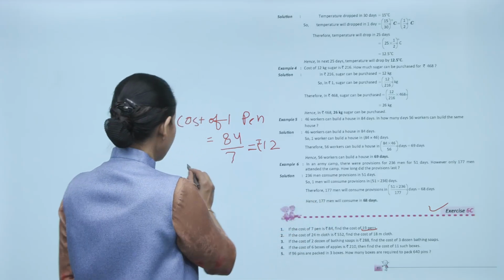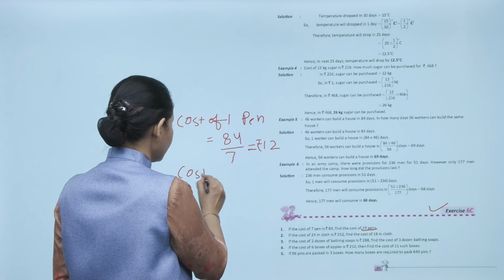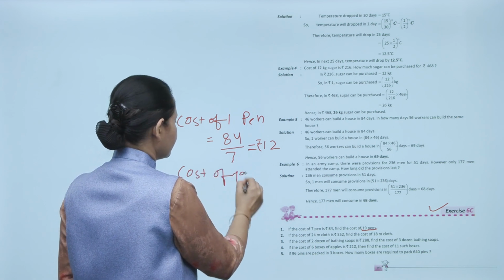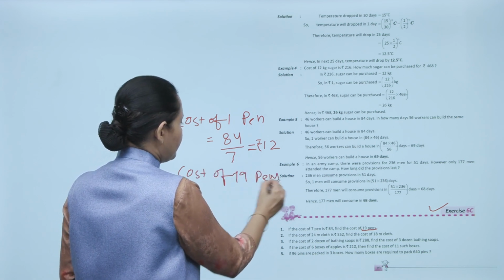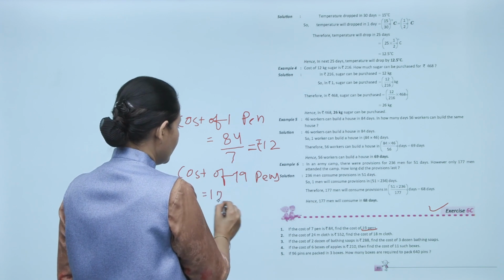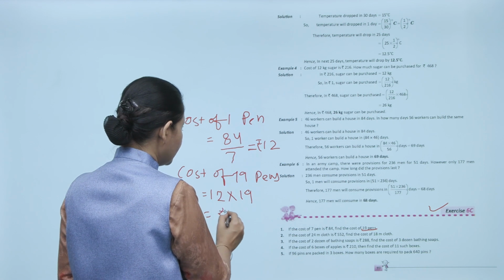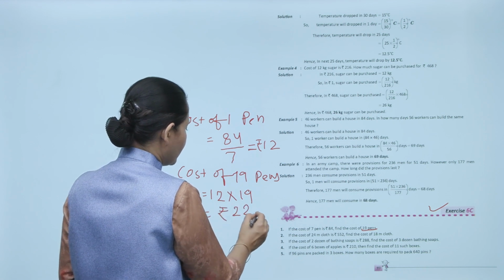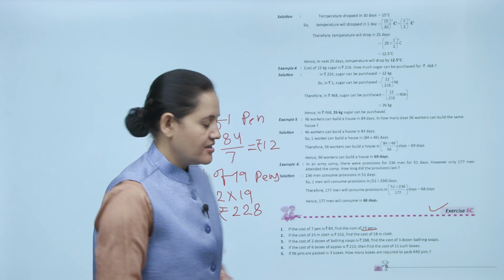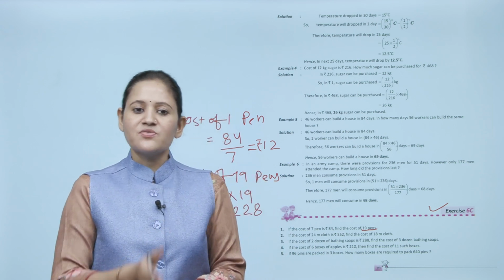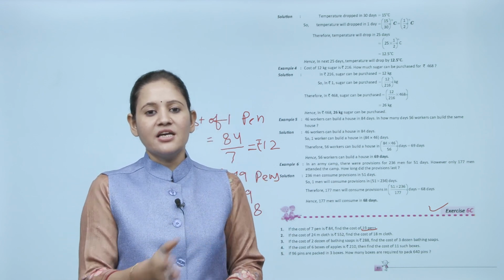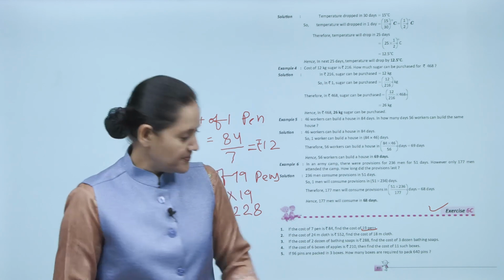So cost of 19 pens हो जाएगी 12 into 19, that is rupees 228. So by the unitary method, first we will find the cost of 1 and then जितनी भी हमें find out करनी है. Clear?